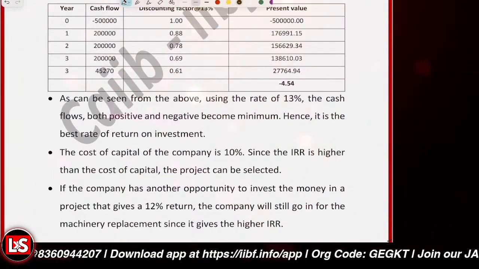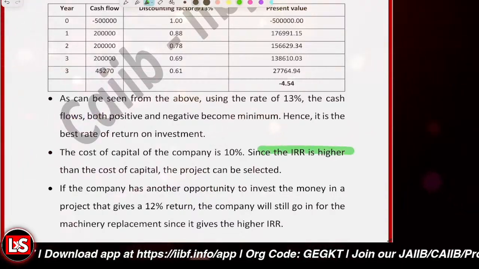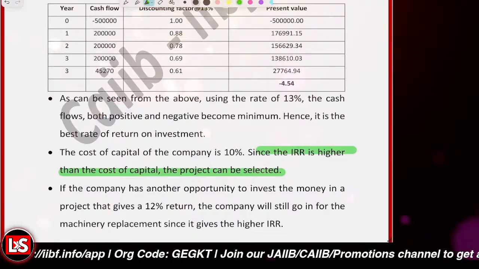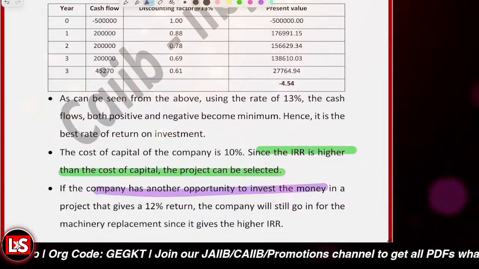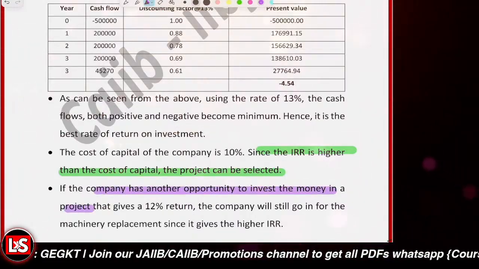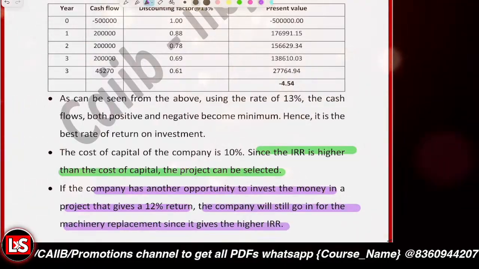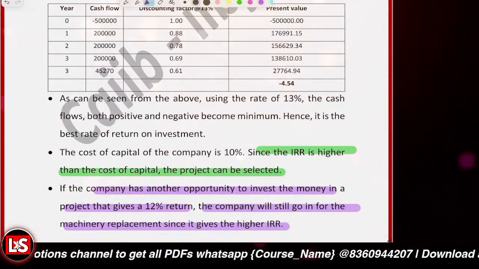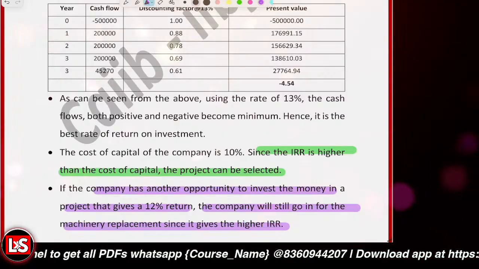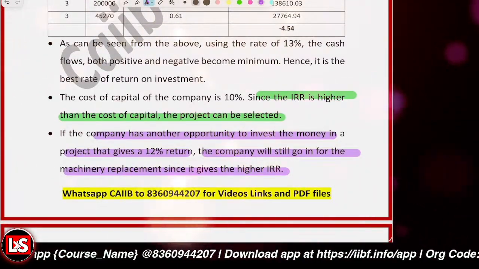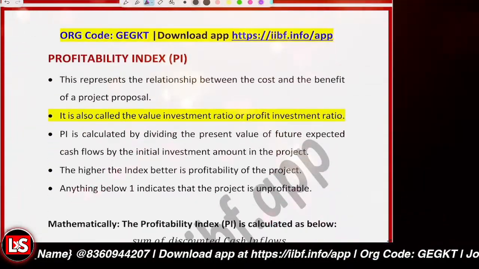Since IRR is higher than the cost of capital, definitely the project must be selected, right? And let's say if the company is having another opportunity to invest the money into a project that gives 12% of the return, the company will still be going for the machinery replacement because that is giving you the higher IRR, right? So this is to be taken care of.